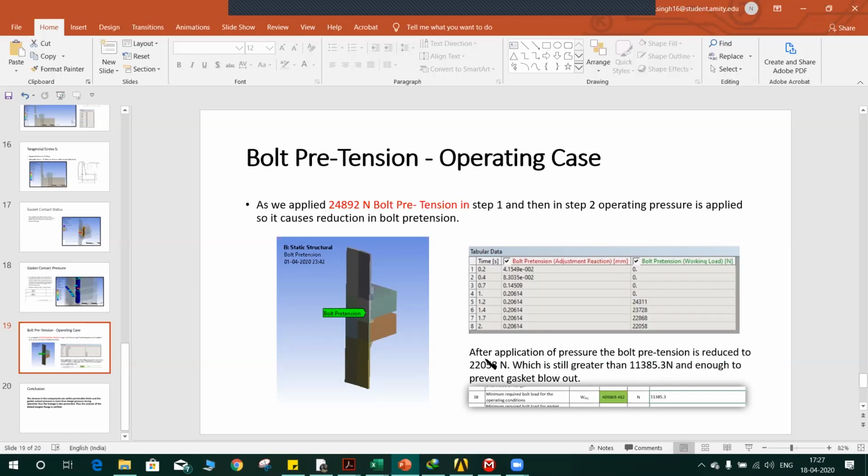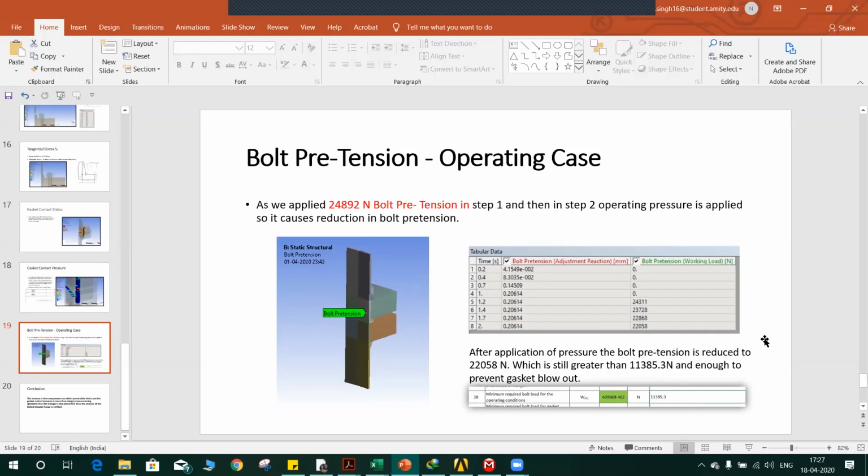As we can see from the tabular data, in load step 2 the bolt pretension has decreased to 22,000 newtons, so around 2,200 newtons of bolt pretension is lost because of the reaction of the hydrostatic end force. But in the calculation we saw the minimum required bolt load, WM1, per unit bolt was 11,000 newtons, and my bolt pretension is still more than 11,000 newtons, at 22,000 newtons.